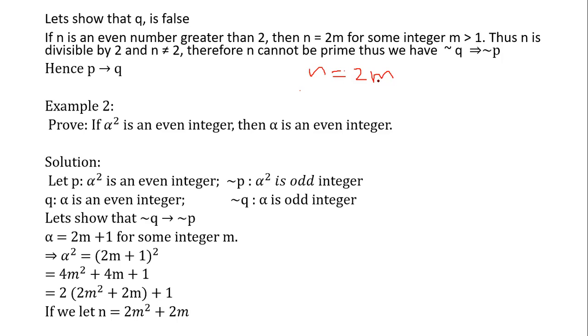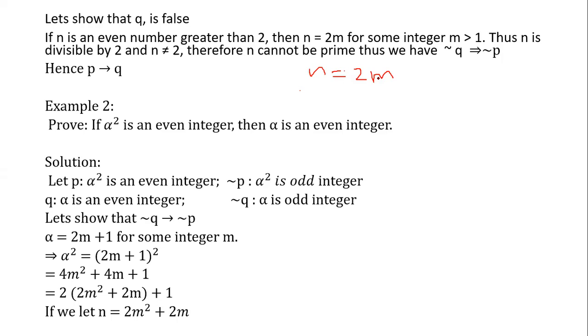Hence, m must also be greater than 1. So if the integer m is greater than 1, meaning any number from 2 going up, we get even numbers. When m is 2, we get 4. When m is 3, we get 6. When m is 4, we get 8. When m is 5, we get 10. These are all even numbers.